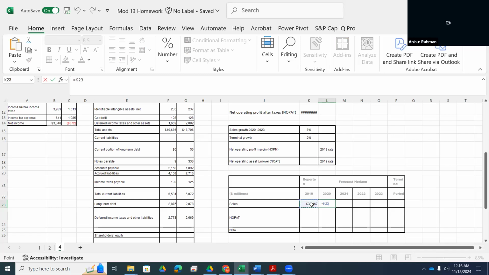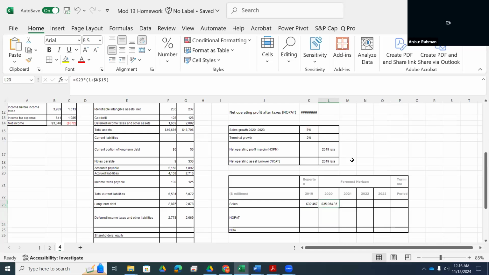So these times 1 plus the growth rate, 8%, and I'll press F4, or you can manually enter dollar signs for both the row and the column. Hit enter, and then I will pull this formula across up to year 2023 only.